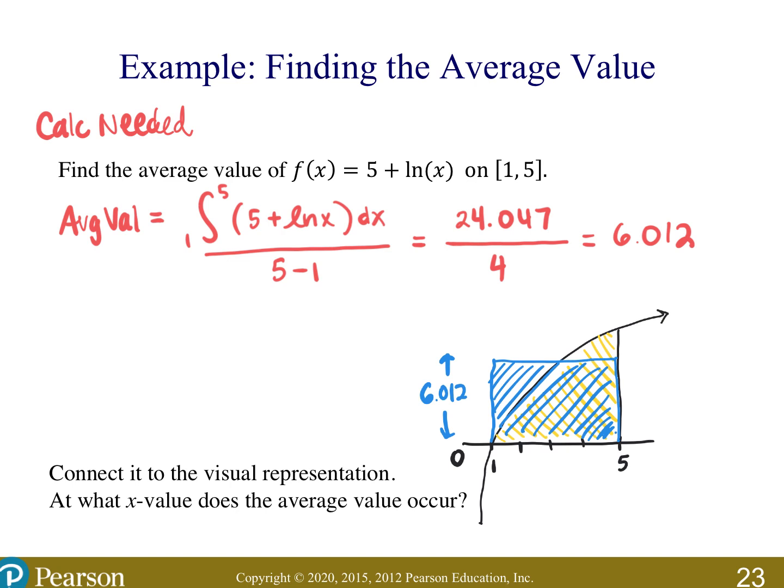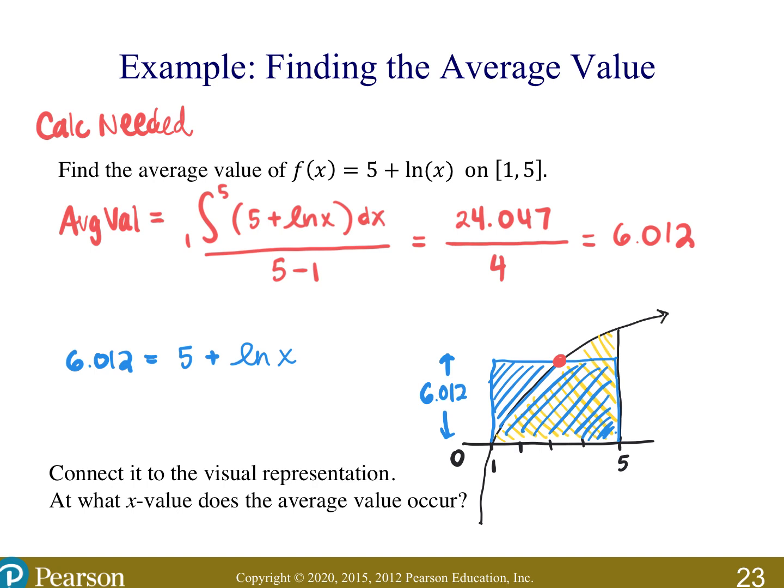And then the final question, at what x value does this happen? So I would find the intersection. My hunch is it's going to be somewhere in the ballpark of 3 point something, just looking at it, but my drawing might be a little off, might not be to scale. And so I can solve that by taking 6.012 and setting that equal to 5 plus ln x. Now on your calculator, you should have more decimals than 6.012.